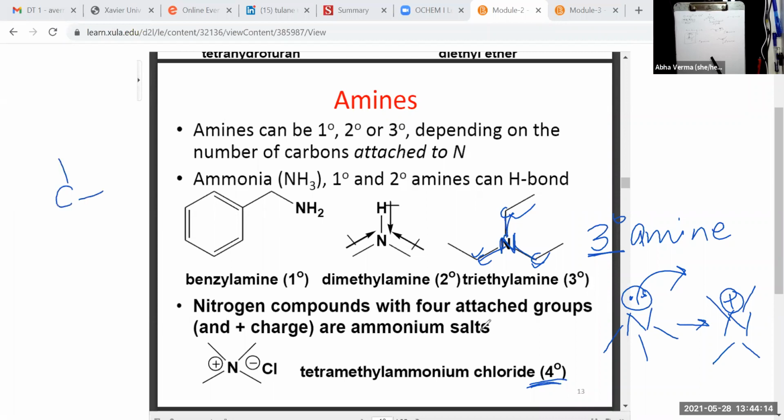On the other hand, carbon can just make it on its own because carbon can make 4 bonds. So this is a quaternary carbon right here. And this is a quaternary amine right here, but with a charge. So that is the only difference that we see between nitrogens and carbons. Any questions so far?